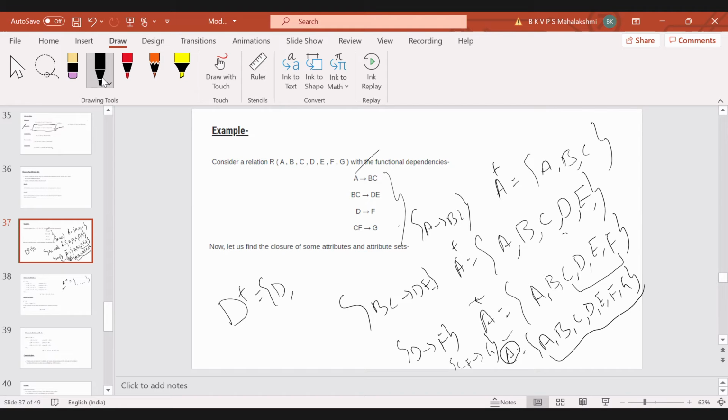D tends to F. That's it. Is D closure only DF? So it's not a key attribute.